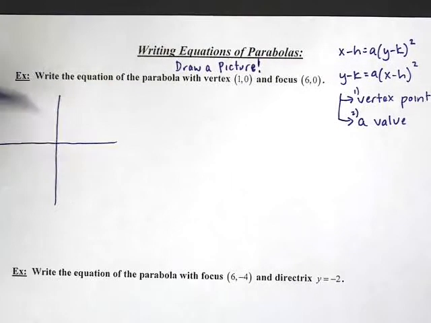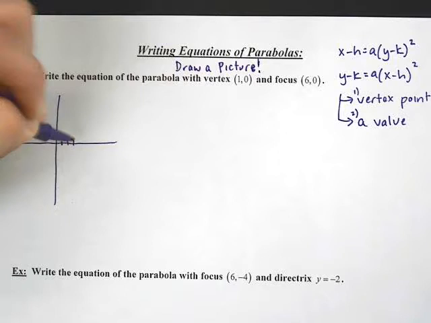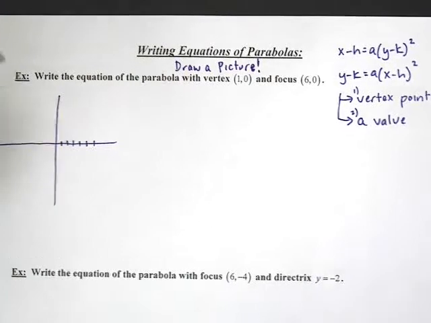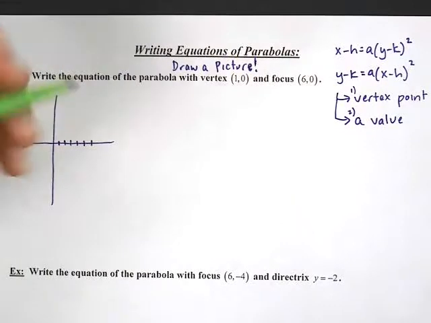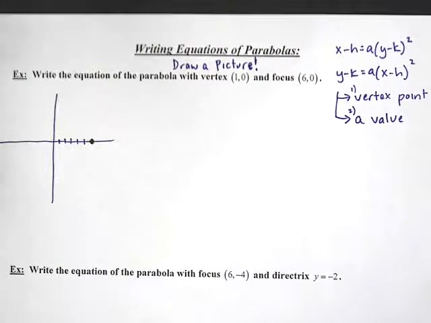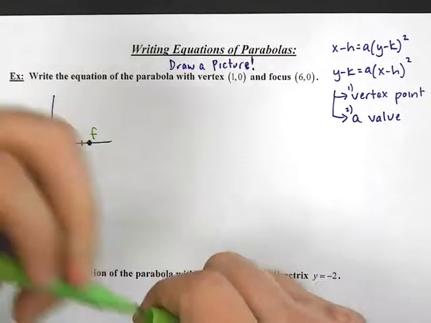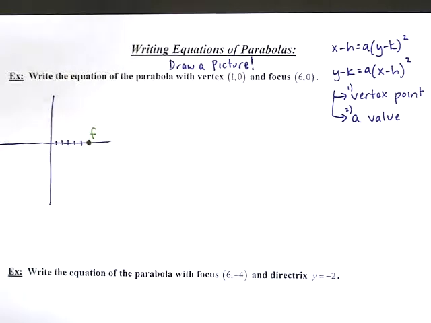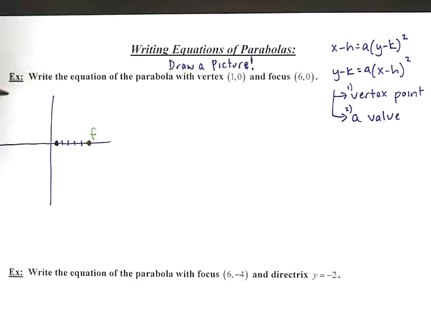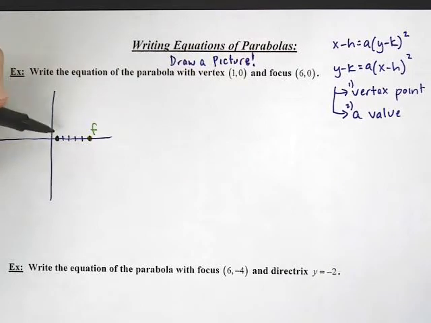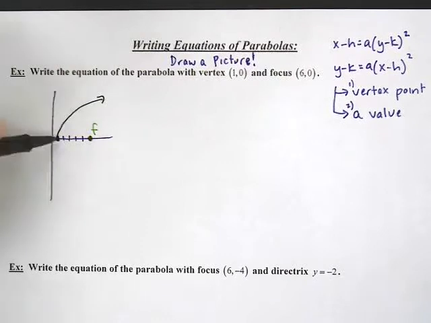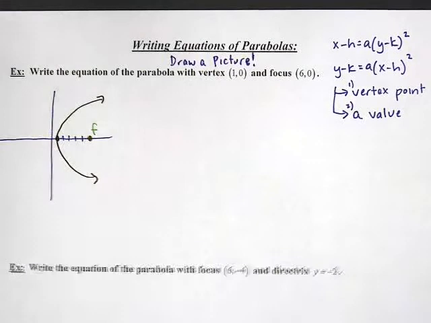Well, let's do it. 1, 2, 3, 4, 5, 6. And I can put my focus at 6, 0. I can put my vertex at 1, 0. And if you remember correctly, we have no choice but to make our parabola open to the right, something like this.